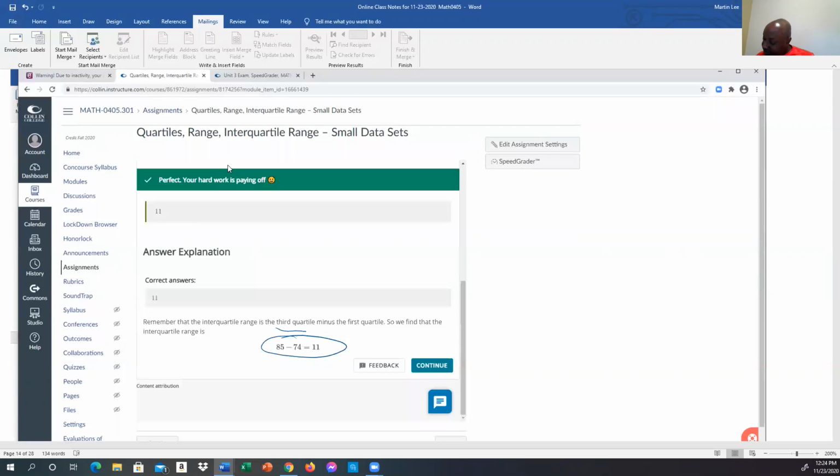What I'm underlining here, the third quartile minus the first quartile, this is our Q3 minus Q1 right here. All right. Number summary.